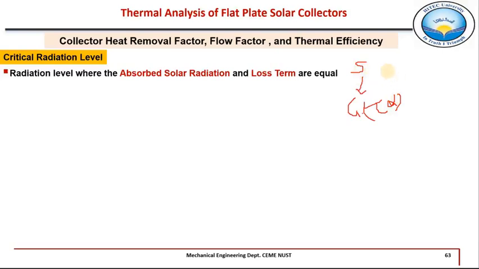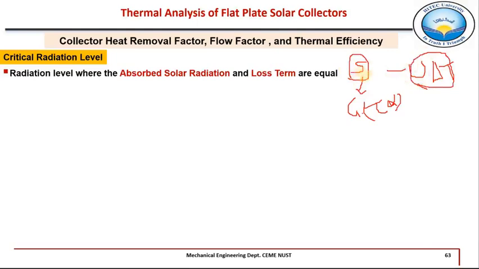So that is the absorbed radiation minus the lost term. Lost term is defined as U into delta T. Right. So what is critical radiation? Radiation level when this absorbed radiation becomes equal to this lost term.